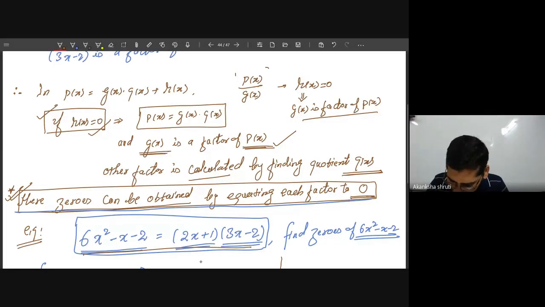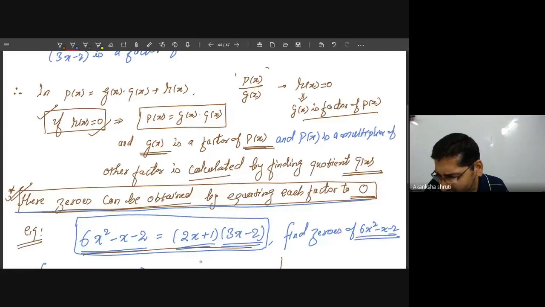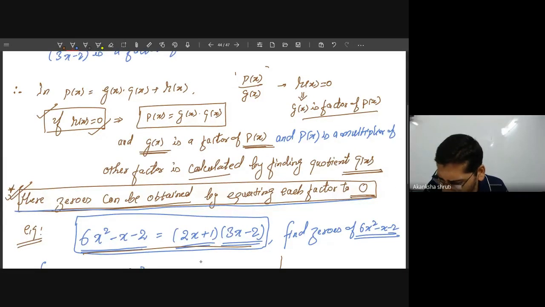At the same time, the reverse way, it is also called that Px is a multiplier of Gx. So see, speaking wise or writing wise there is a difference, but the meaning is the same thing.